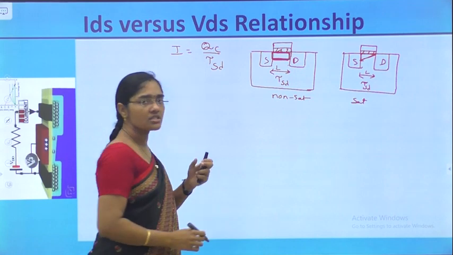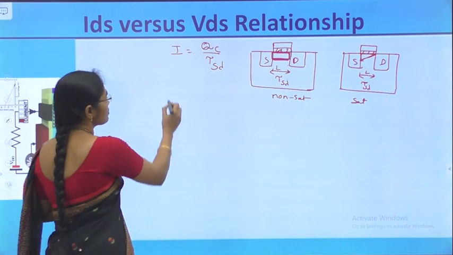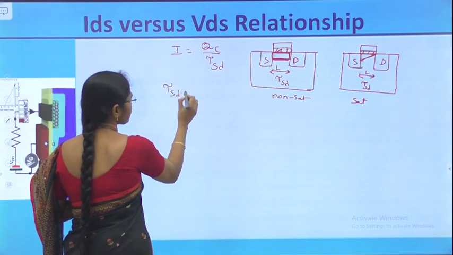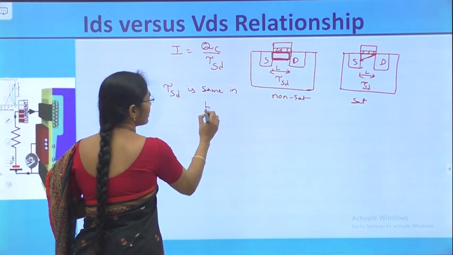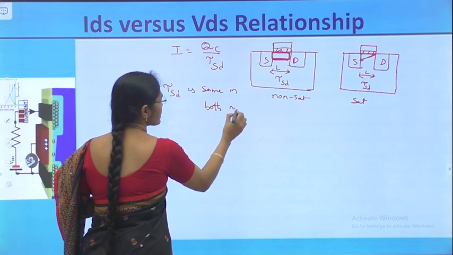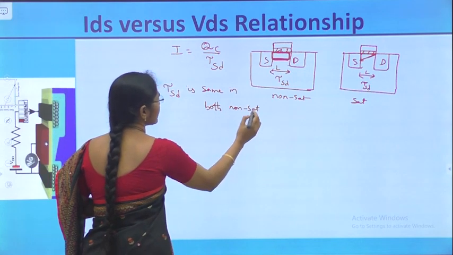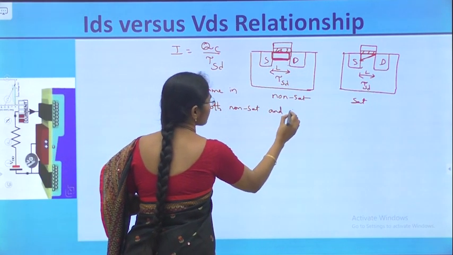Therefore, tau ST is the same in both non-saturation and saturation regions.